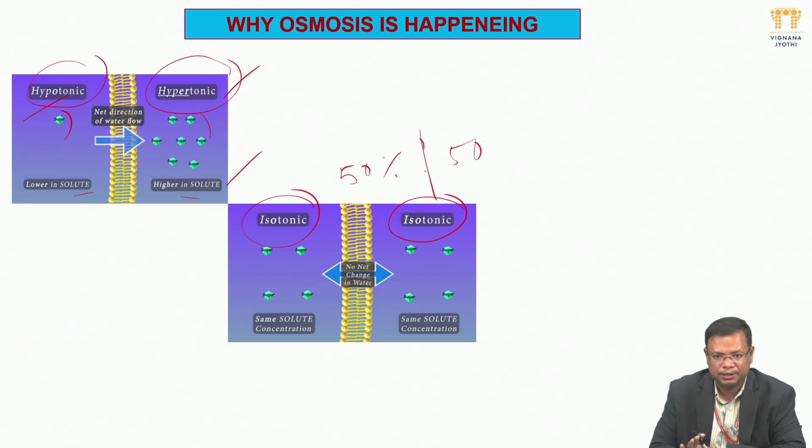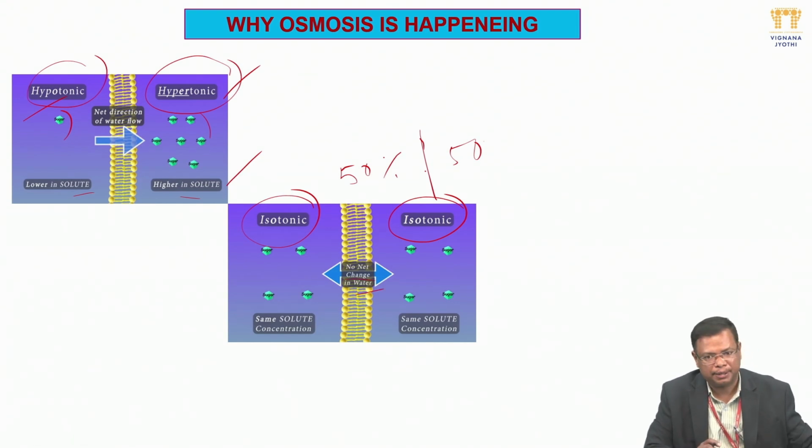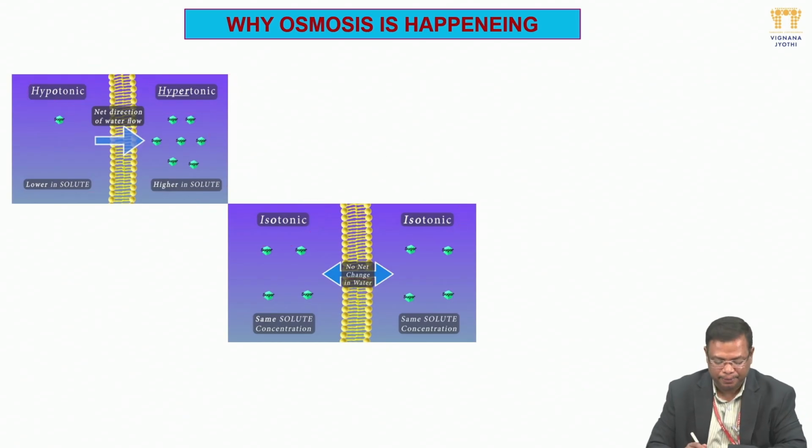To stabilize this, the water molecules flow towards the high concentrated solution, and finally there will be no net change of water. It will be stabilized, and when 50-50% is reached, it is an isotonic solution.